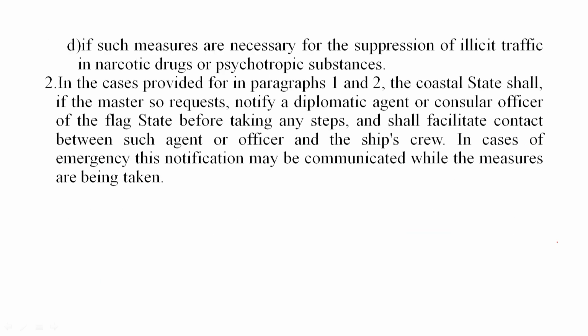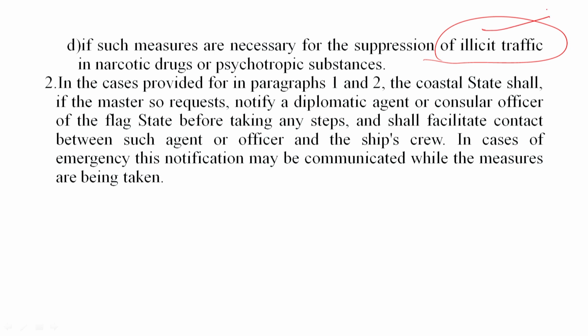If such measures are necessary for the suppression of illicit traffic in narcotic drugs or psychotropic substances, or there are chances that the ship does contain some illicit traffic in narcotic drugs, that means it is in one way or the other connected with the transportation of drugs.